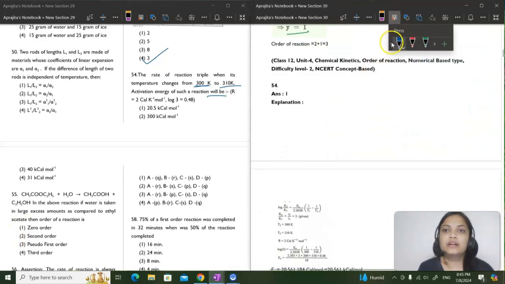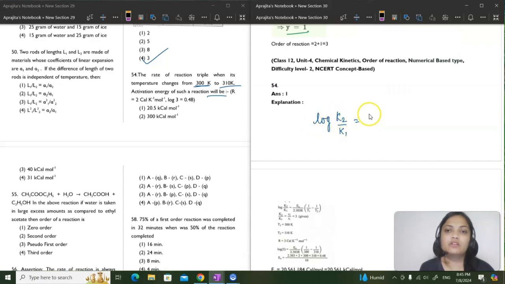So students, for activation energy I can write that the formula will be log of K2 upon K1 is equal to EA, where EA is the activation energy, upon 2.303 R, into 1 upon T1 minus 1 upon T2. These are the rate constants at T1 and T2.